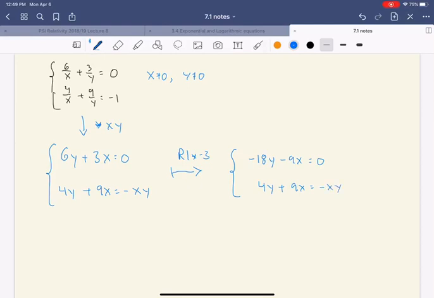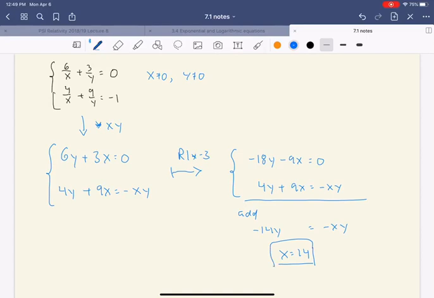Now we can add these two. Adding the two together, we get negative 14y equals negative x times y. Now, y is not allowed to equal 0, so that means we can just cancel it. So we get x equals 14.